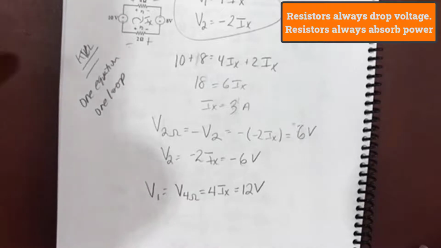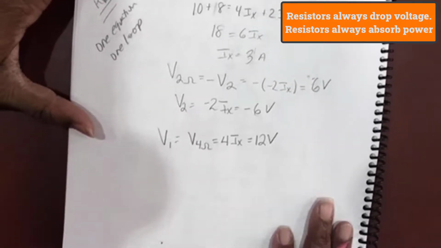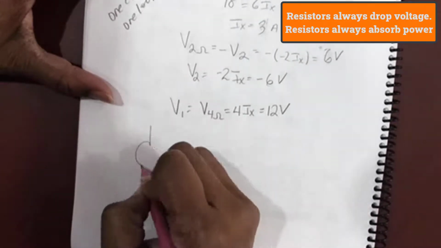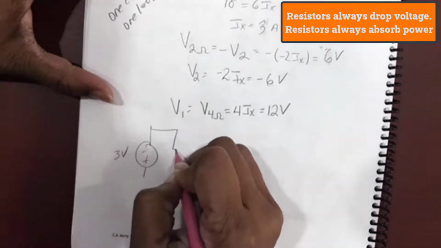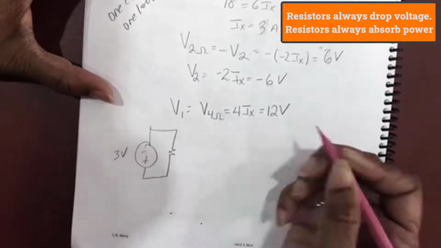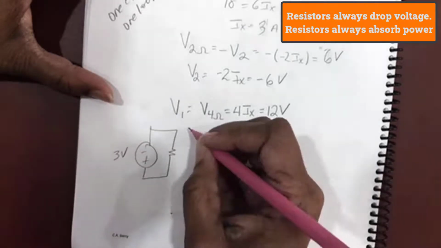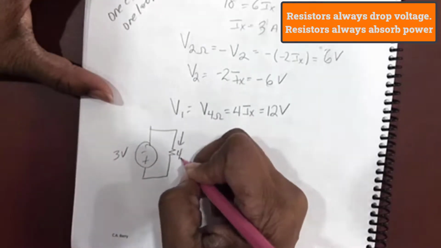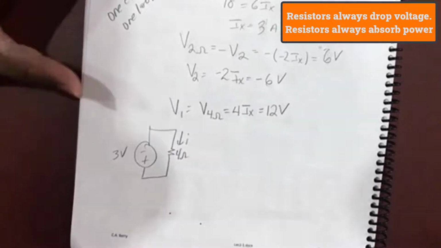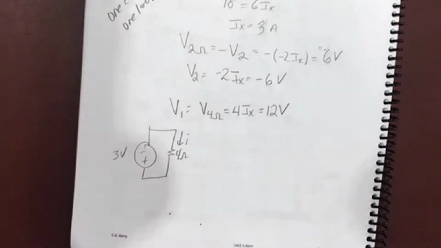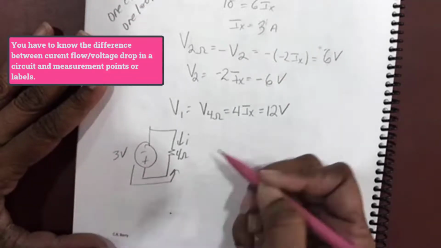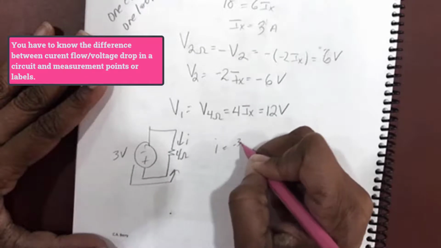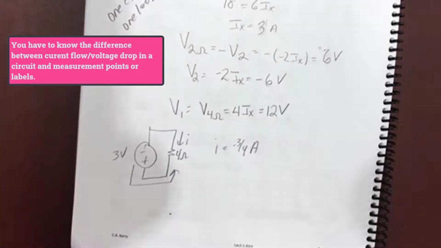Okay, so the problems on the quiz that were messing everybody up. There was one like this that asked you to find the current I. Because current is actually being delivered from the 3-volt source, I is -3/4 amps.